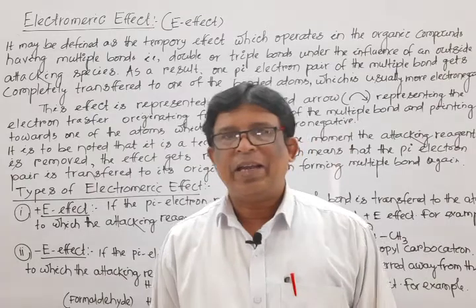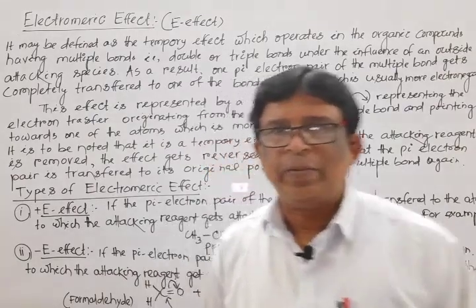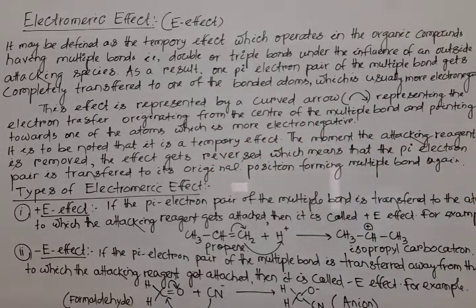Now, write down the definition and types of electromeric effect. Mark that, electromeric effect or E effect. It may be defined as the temporary effect which operates in the organic compounds having multiple bonds, that is double or triple bonds, under the influence of an outside attacking species known as attacking reagent.